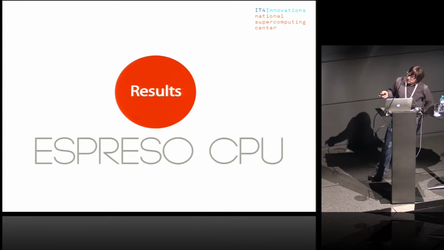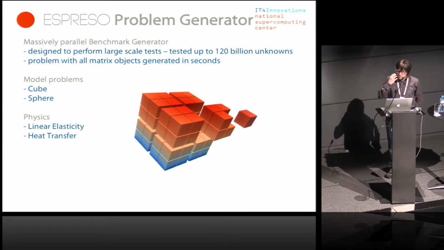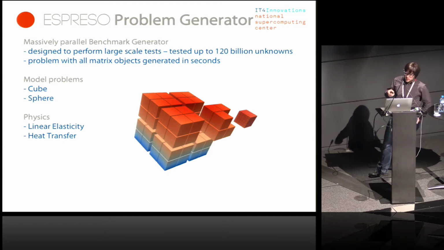So next, I have another set of results which wasn't presented in the paper because they were measured recently. For most of the large-scale tests, we're using this problem generator. It is a massively parallel benchmark generator which runs in parallel, and you don't need any communication.